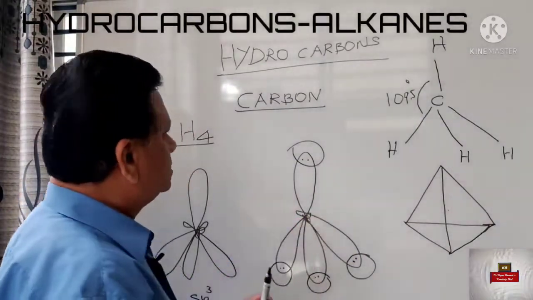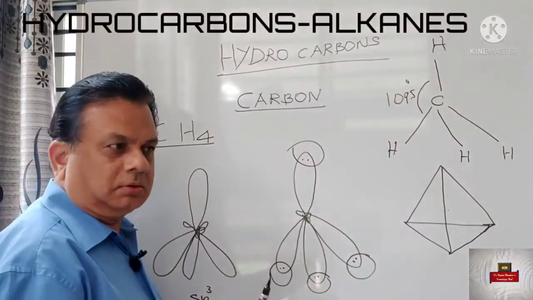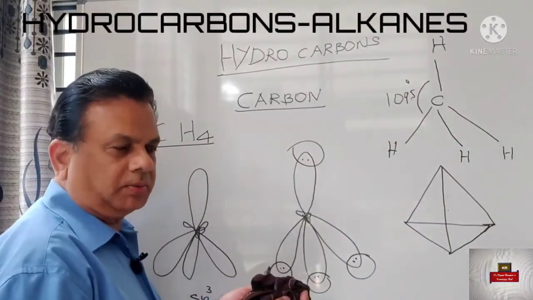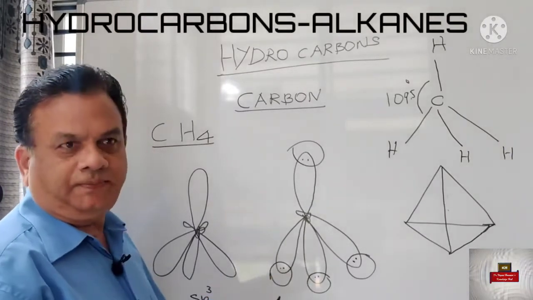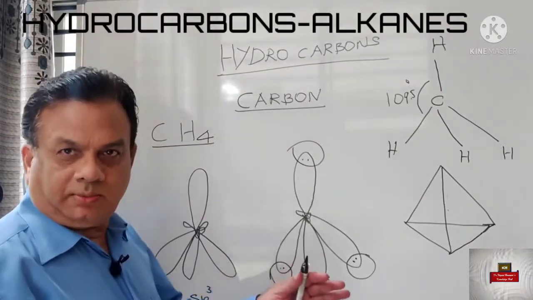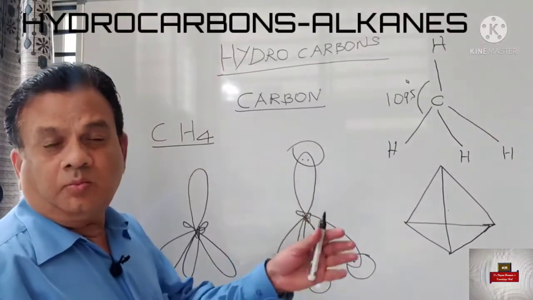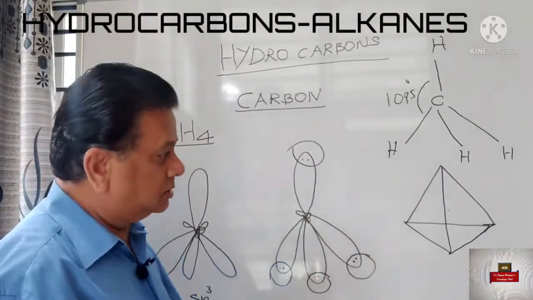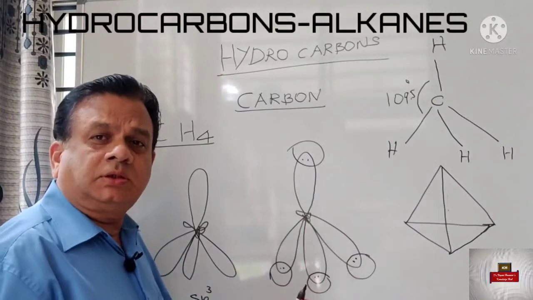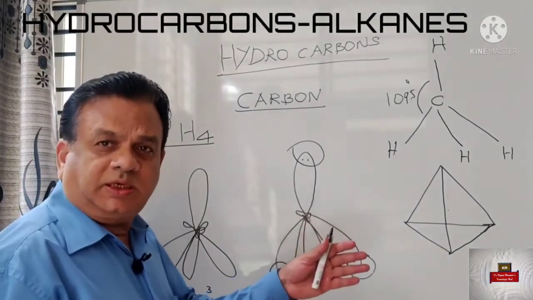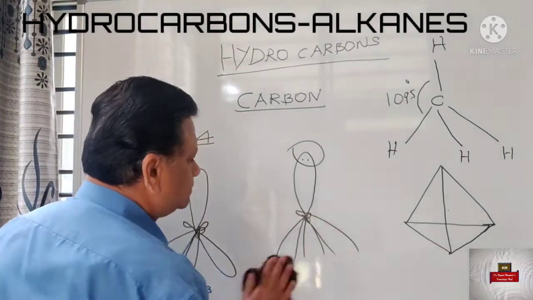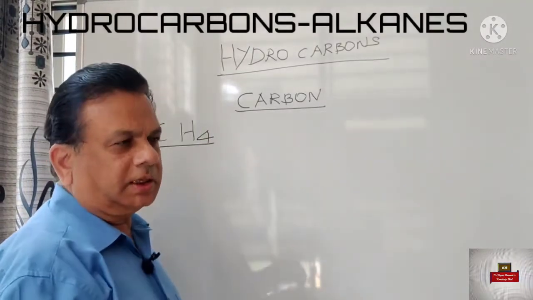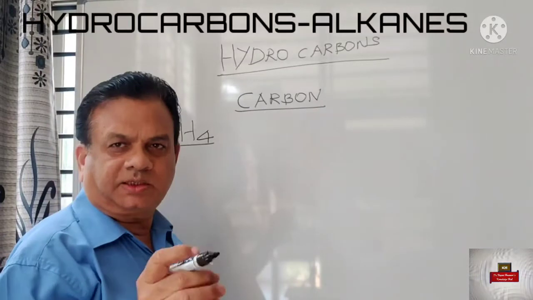So this is about methane and its structures. I am just giving you the structure of carbon in methane so that you will understand how carbon is able to form bonds with the 4 hydrogens. So this same concept can be extended to ethane, propane, etc. Hydrocarbons, particularly in alkanes, form sp3 hybridized orbital.